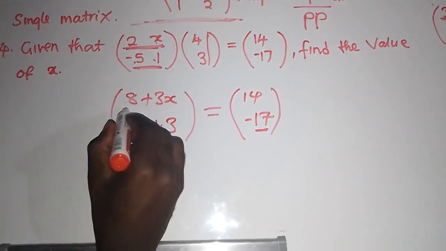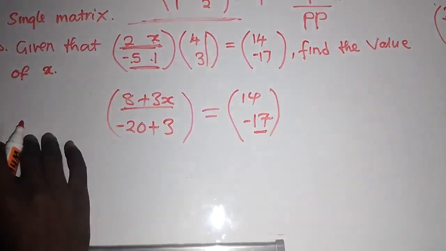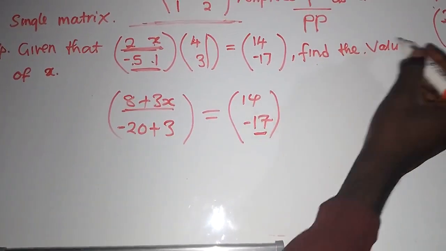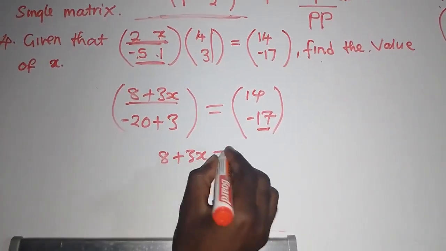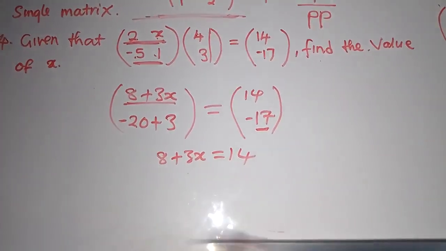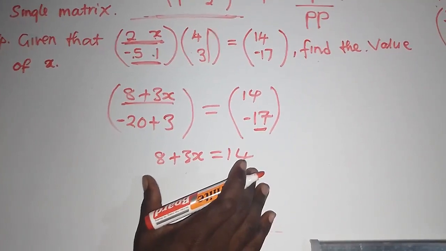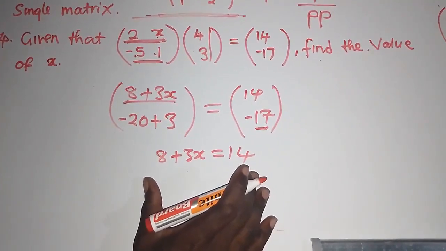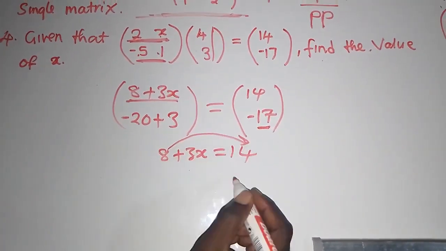So now I'm going to get this expression on top because I want to find the value of x. The question is find the value of x. So I'm going to say 8 plus 3x is equal to 14. Then I solve this equation. How do we solve equations? You group like terms. This one will go to the other side of the equation.